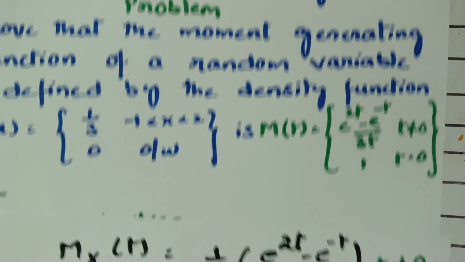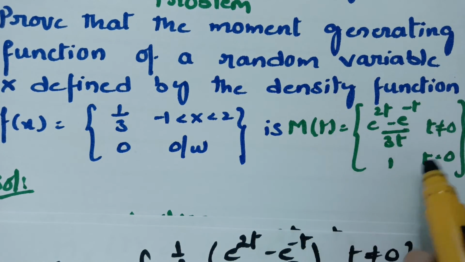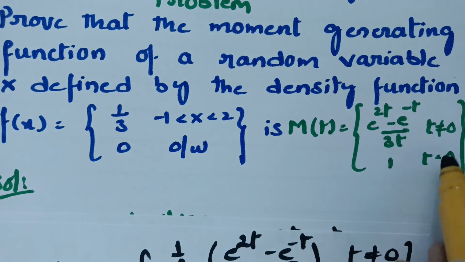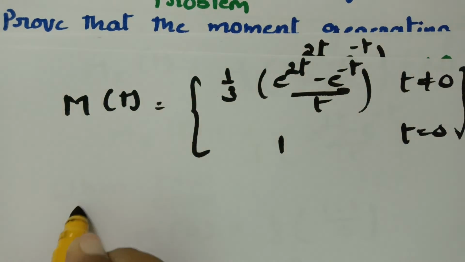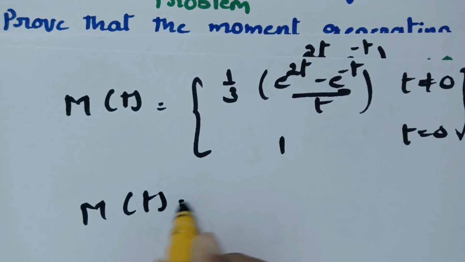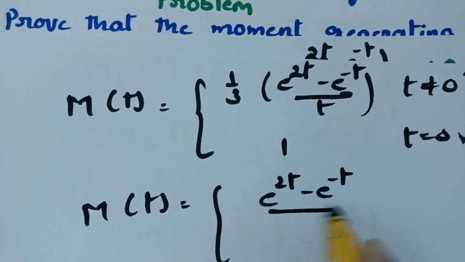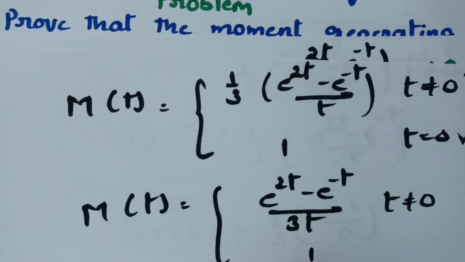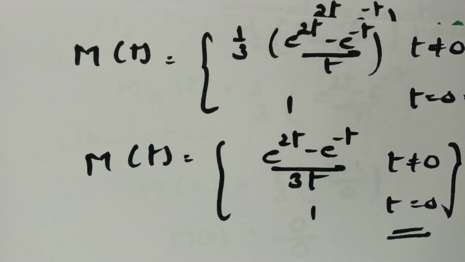So this is how we have to write: the moment generating function is (e power 2t minus e power minus t) by 3t when t is not equal to 0, and 1 when t is equal to 0. This is how we have to solve.